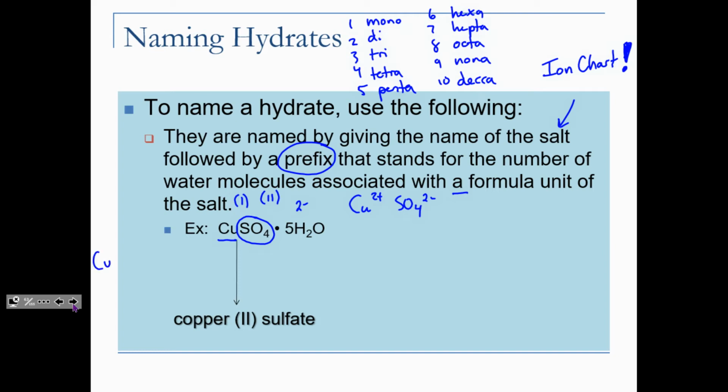If it was copper 1, we would have Cu2SO4. And then with the prefix for 5, that would be penta. And then we just add the name hydrate. There is no space between the prefix and hydrate, but there is a space between the compound and the hydrate.